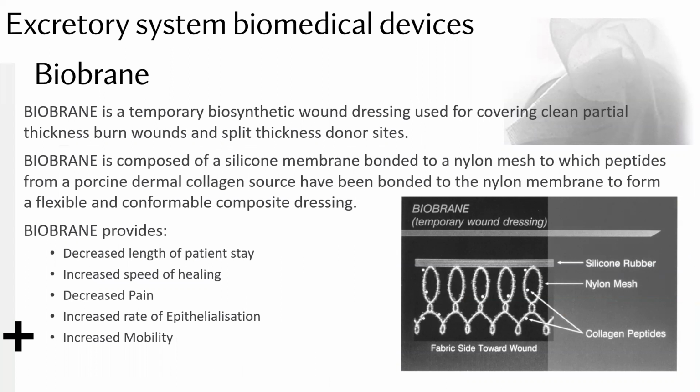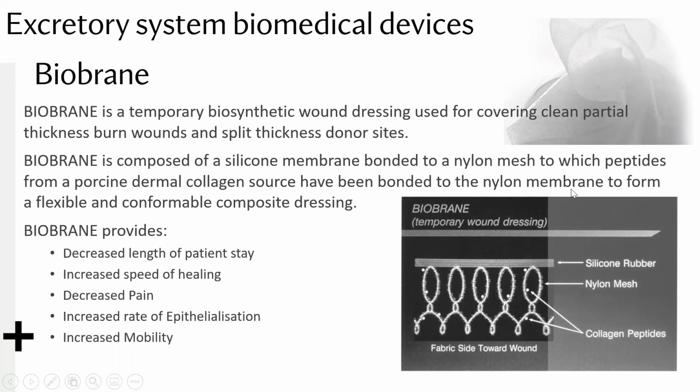For example, BioBrane here is another synthetic wound dressing, and what you can see is it's still using collagen, but it's not a pure collagen layer. You've got a mesh of nylon, which is really strong, holding it together, and that mesh of nylon is then coated with collagen peptides.